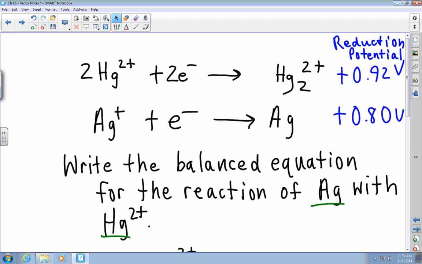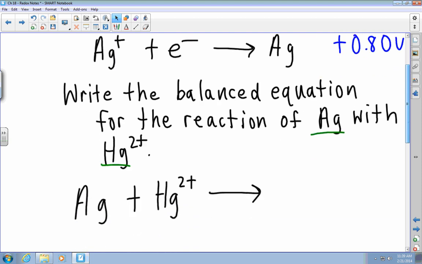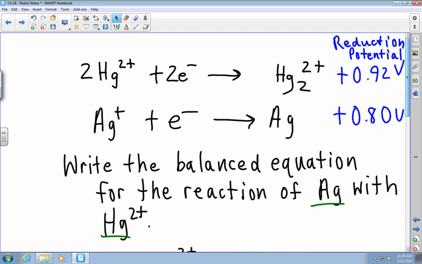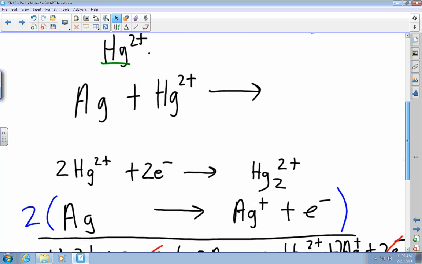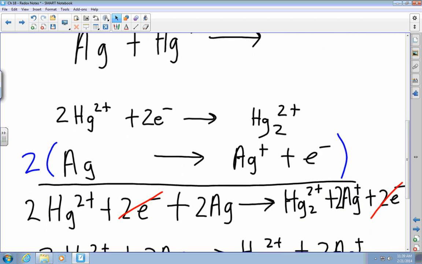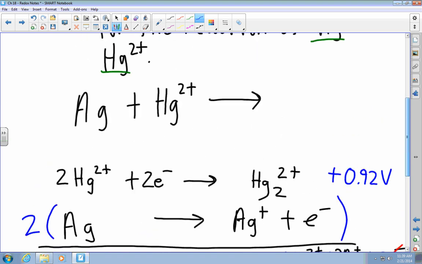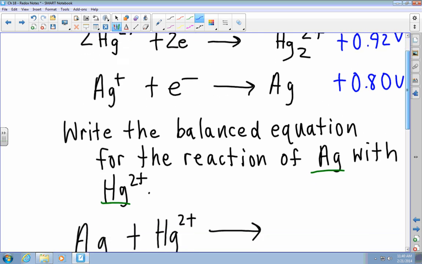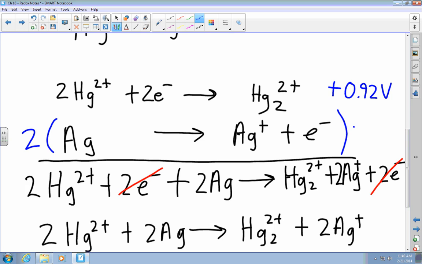So we left the first reaction as it was, so the potential would not change, so it would still be positive 0.92 volts. But we reversed the second reaction, so we have to change its sign, so it becomes negative 0.80 volts.